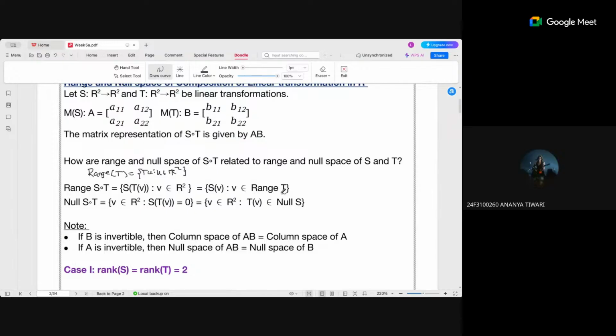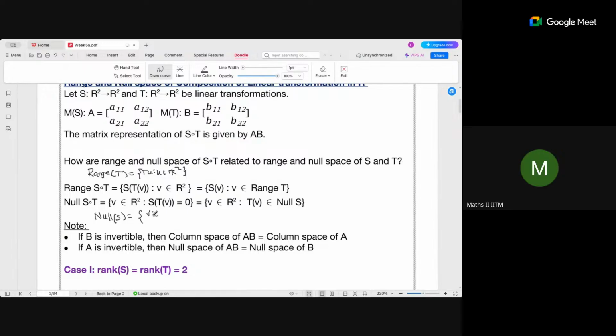Okay. Now the null of S composition T is equal to the set of all V in R2 such that S of T of V equals 0. Now here again, what is the definition of null of S? The set of all V such that SV is equal to 0.